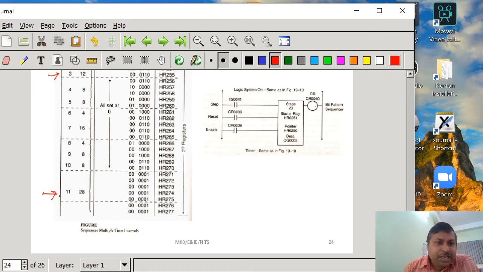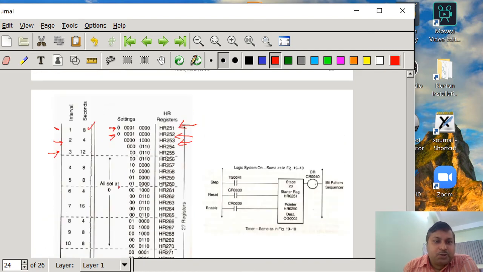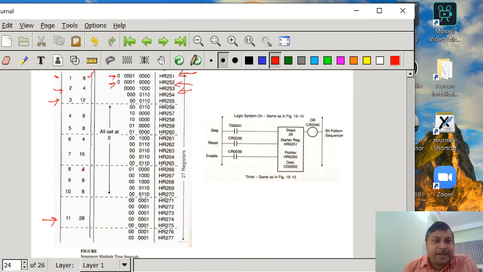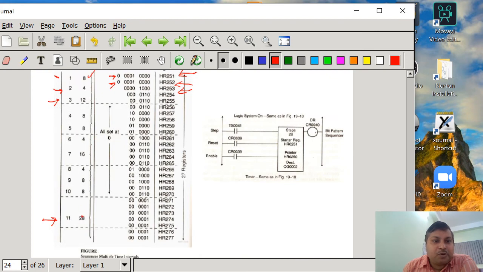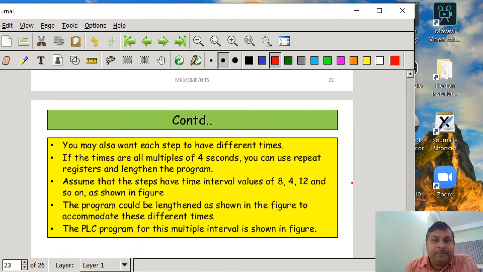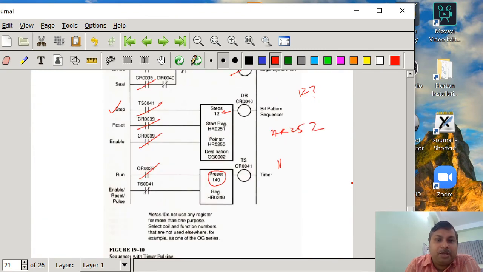So to execute all 11 steps, we actually need to perform a total of 28 steps according to the requirement. The programming will be the same, only here you will write 4 seconds.